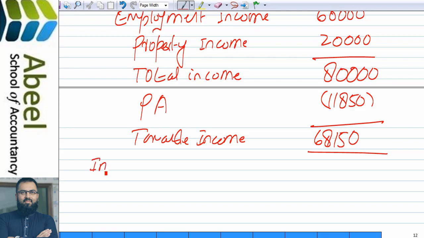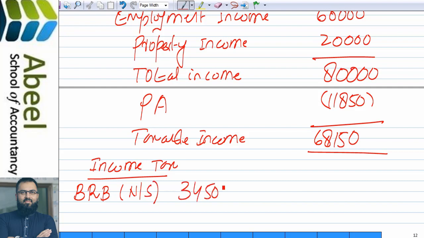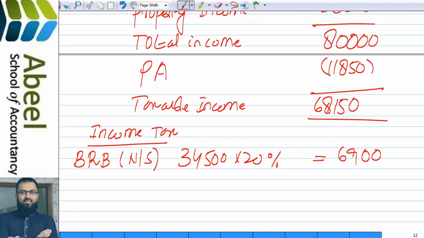So first the heading of income tax, because we are calculating income tax. Then basic rate band. Then in the bracket non-saving, 34,500, then 20%. It comes to 6,900. Higher rate band, again non-saving, 68,150. Let me deduct 34,500. The answer coming is 33,650.